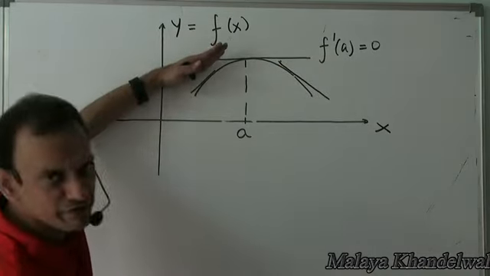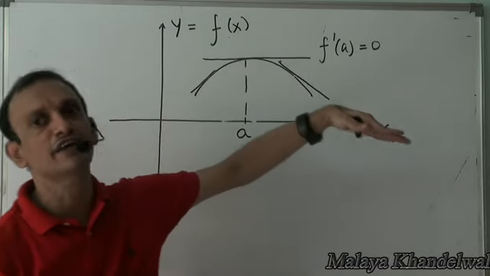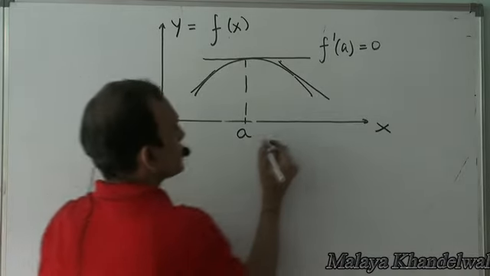To the left of a, f dash x, and to the right of a, f dash x have opposite signs, right?